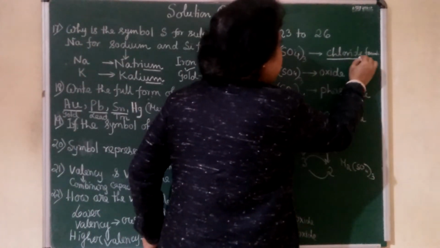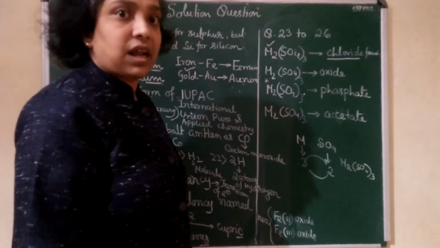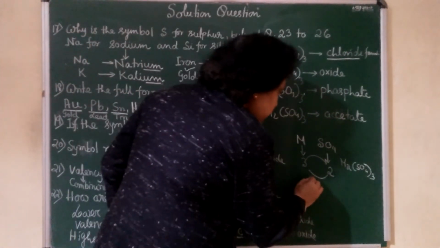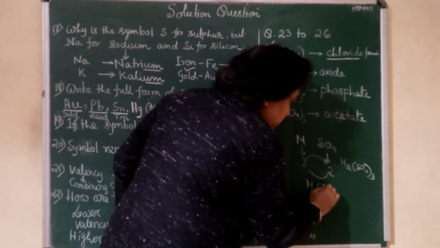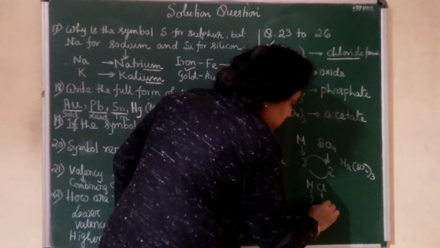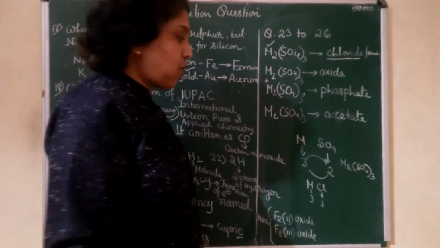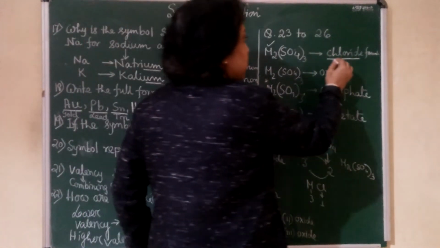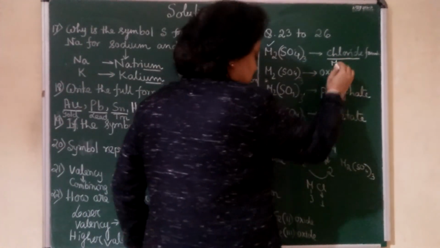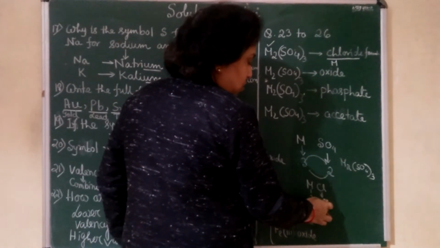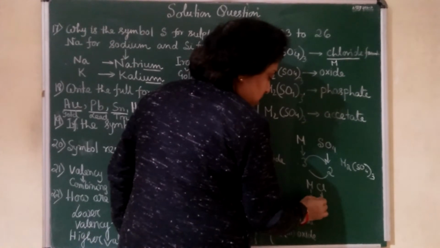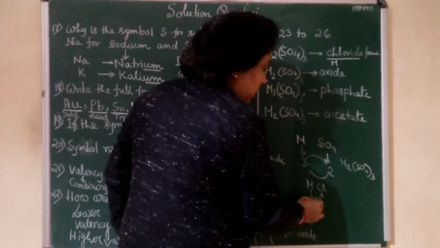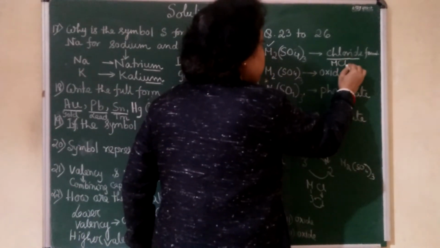Now we have to write the formula of its metal chloride. Metal valency is 3 and chloride valency is 1. So M3 and Cl1, we interchange, so M will be 1 and Cl will be 3. So MCl3.